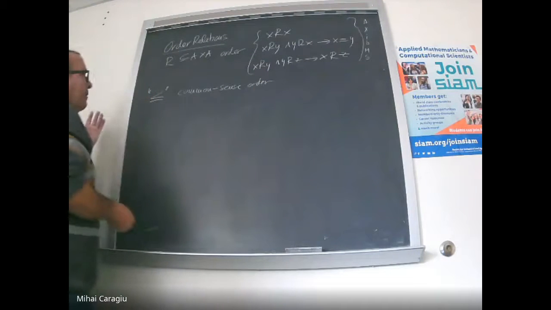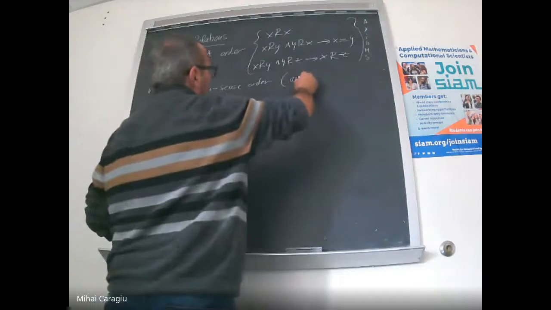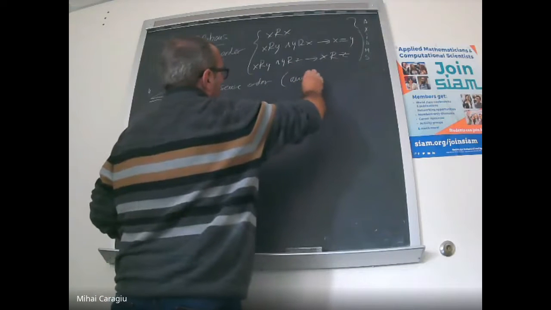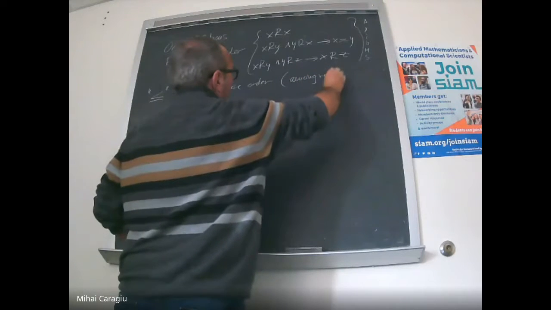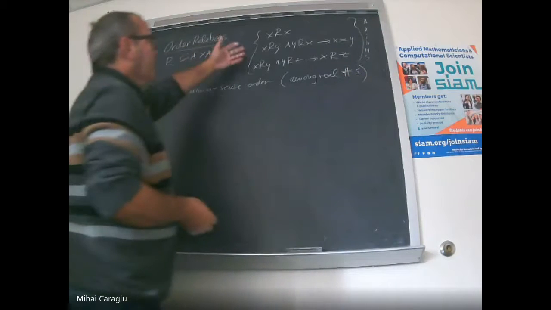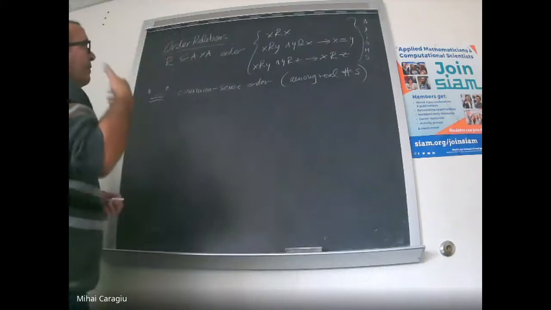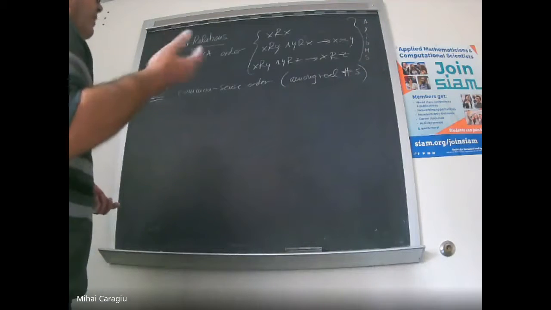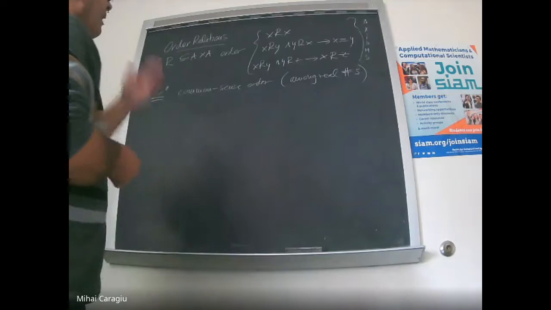Think about order among real numbers, right? That's how those axioms were modeled, about the intuitive common order among real numbers. So these are the axioms of order.